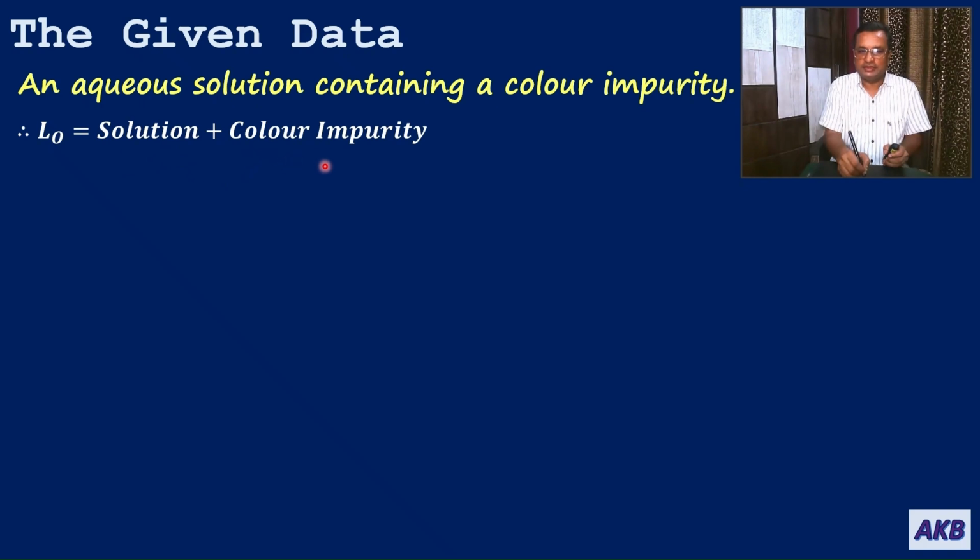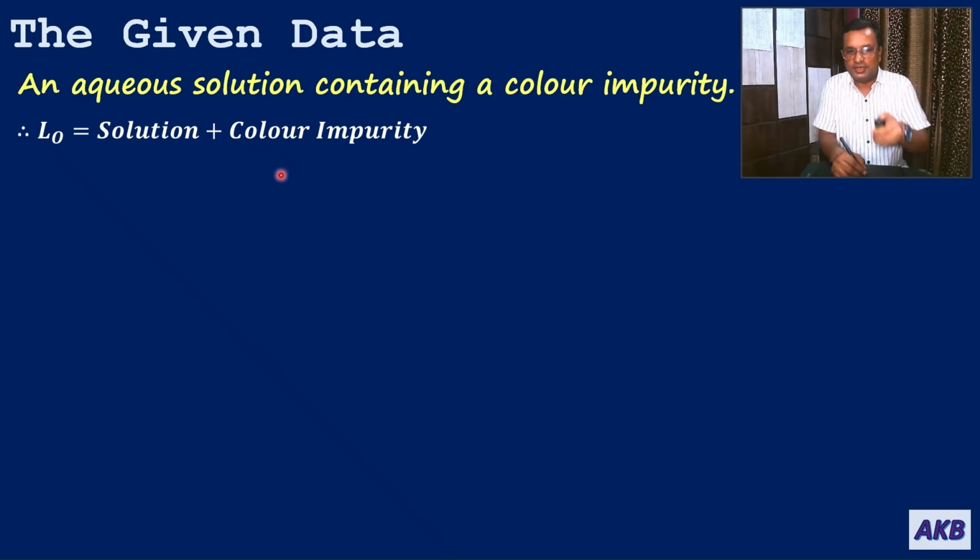So you need to understand this. Here, the aqueous solution is not going to get adsorbed, neither the solvent nor the solute. What is going to adsorb is the color impurity. So in that case, solution in this case is the unadsorbed component, whereas the component that is adsorbing is the color impurity.